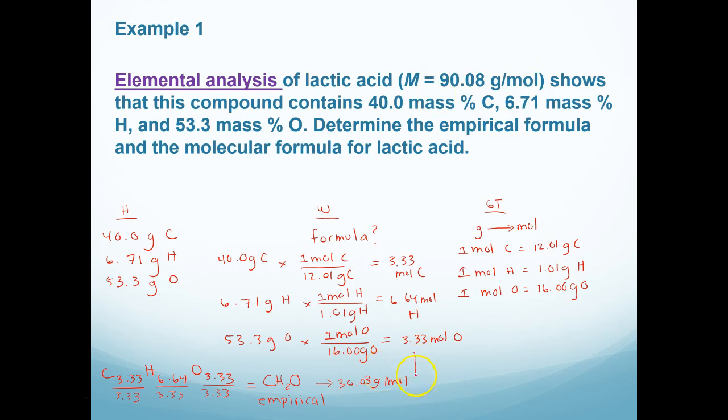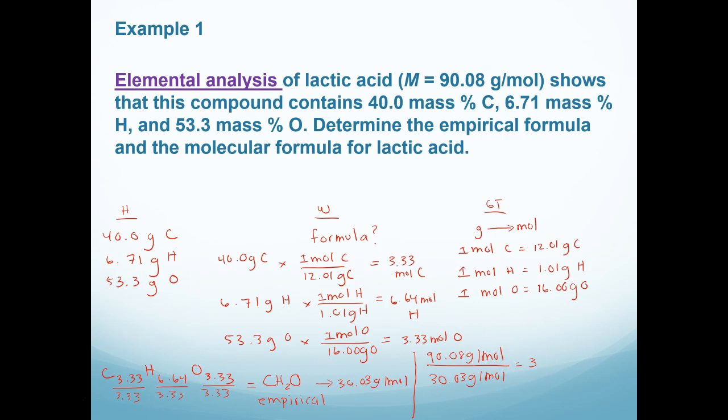So I'm going to put a little line here, and we're going to take 90.08 grams per mole, and we want to divide that by the empirical formula mass that we just determined, so 30.03 grams per mole. And when we do that, we get 3.